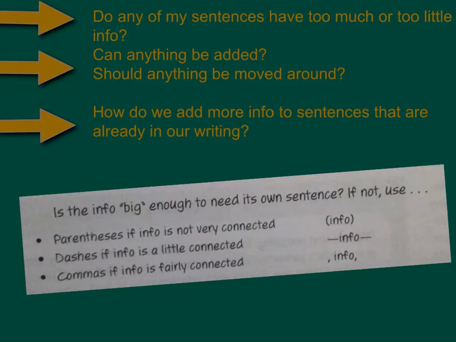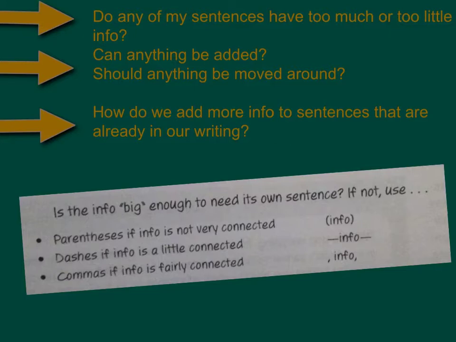Can anything else be added? Should anything else be moved around? A big load needs its own burro, just like an important bit of information needs its own sentence. But a little load can get added to a burro that is already there. No need to add another one. So this means that a very important bit of information can get added to a sentence that is already there. No need for another one.